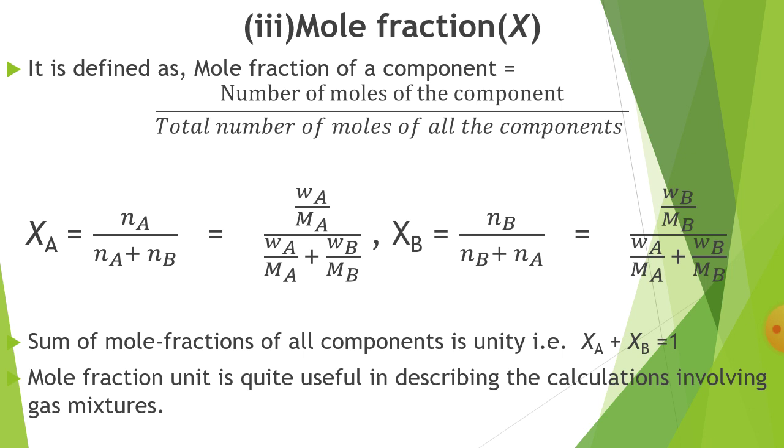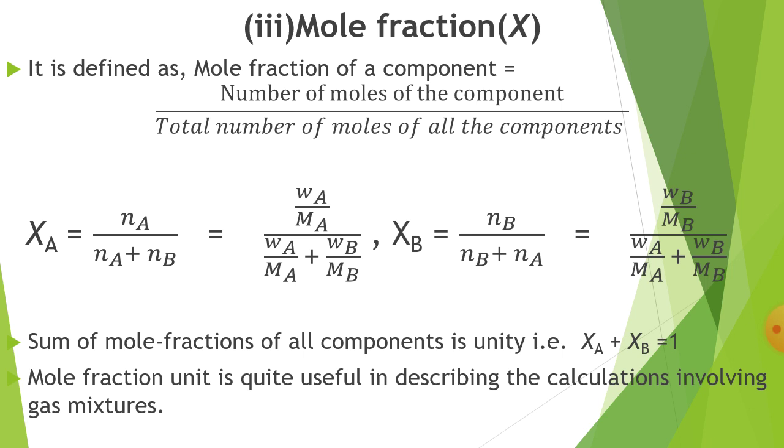This formula can be written as follows: number of moles of A is equal to weight of A divided by molar mass of A. Then the number of moles of A plus B is written as WA by MA for the number of moles of A, plus WB by MB for the number of moles of B.